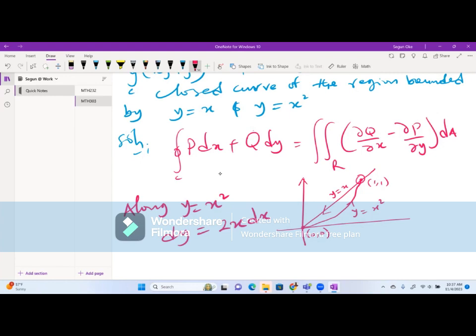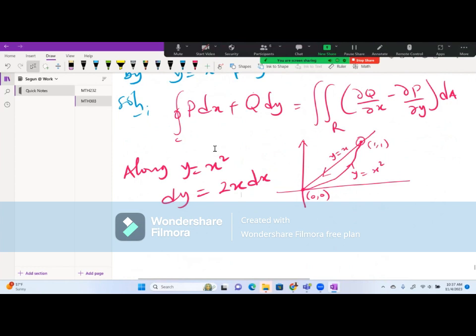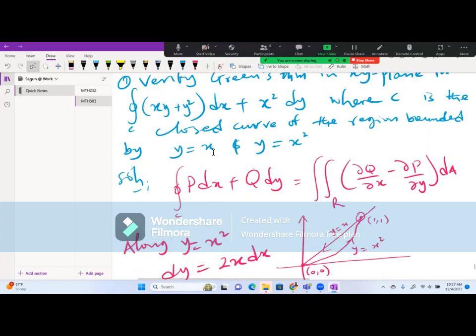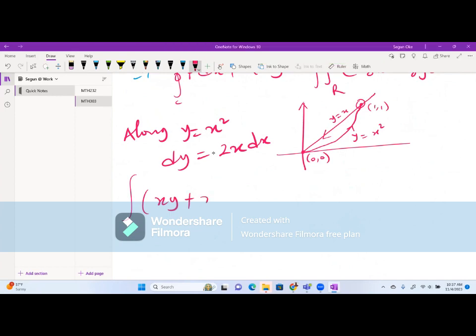We have it in this format. So we can go back to the board and substitute our x. Look at this equation we are given: xy plus y squared, and x squared. Let's see.